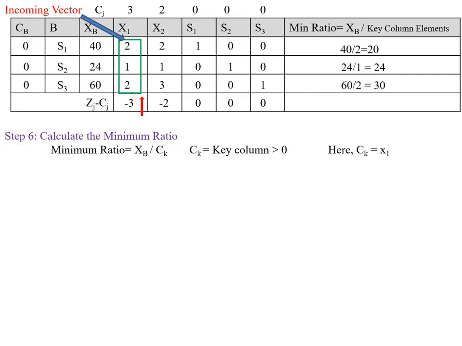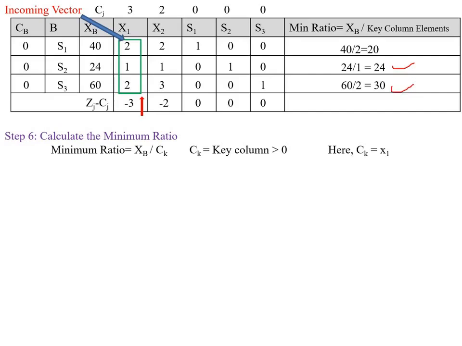Similarly, for the S2 basic variable, it is 24 by 1, which gives 24. Next, for the S3 variable, it is 60 divided by 2, which is 30.